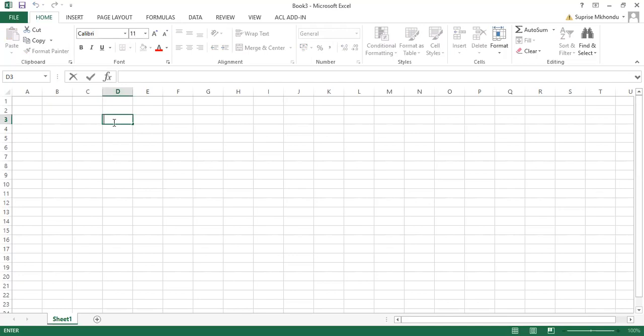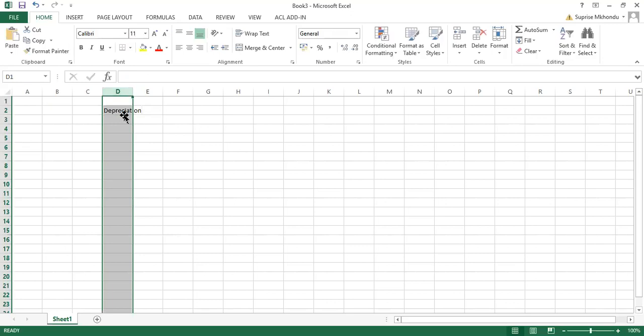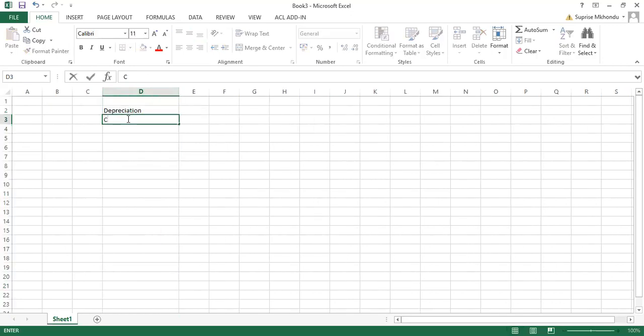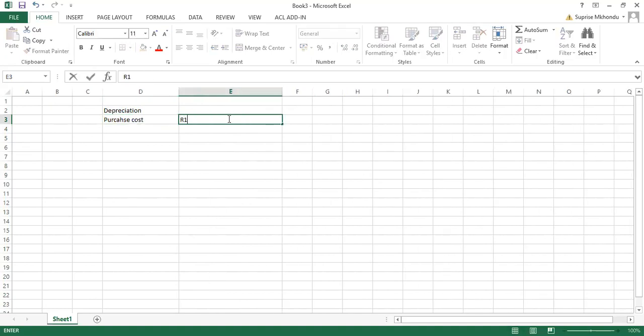We have to calculate depreciation. I did this last time, but I'll do it again for revision. The purchase cost is how much? It's 1 million. No, that's 10 million.